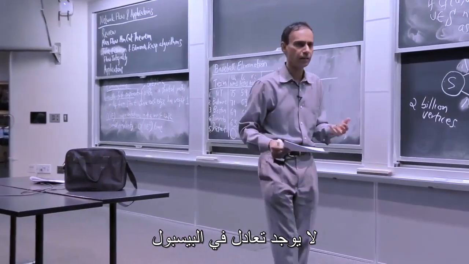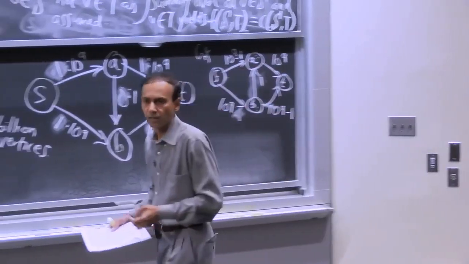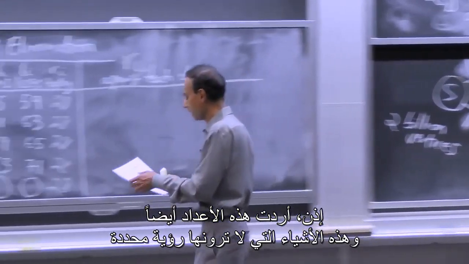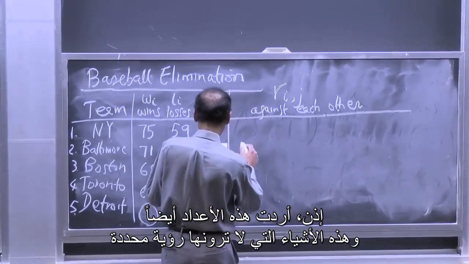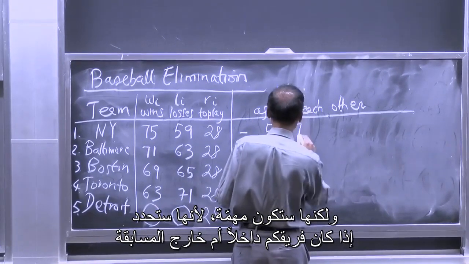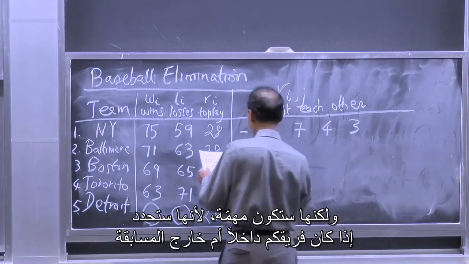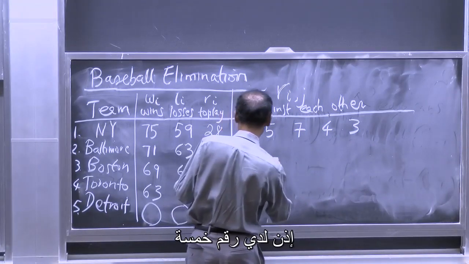No ties in baseball. So if Boston wins, New York loses, and vice versa. Right? So I want those numbers as well. And these are things that you typically don't see, but they're going to be important because they do determine whether your team is alive or eliminated. Right? So 5.